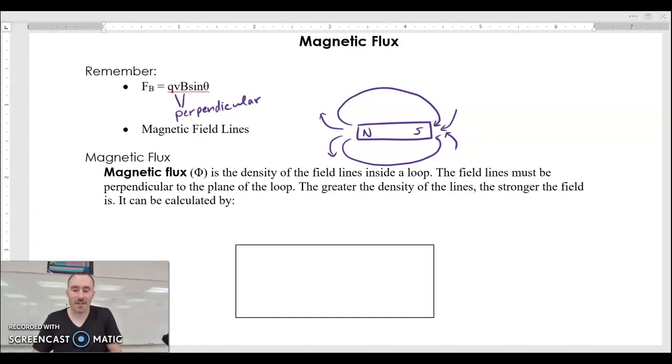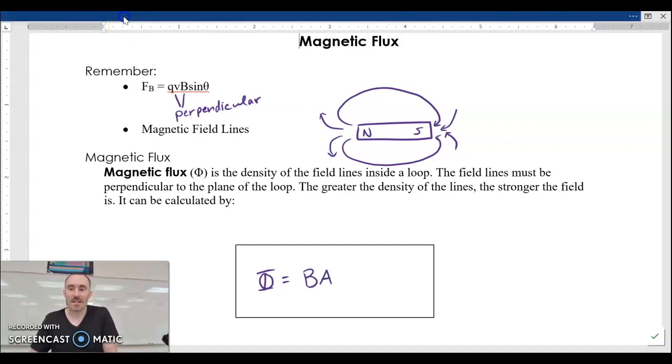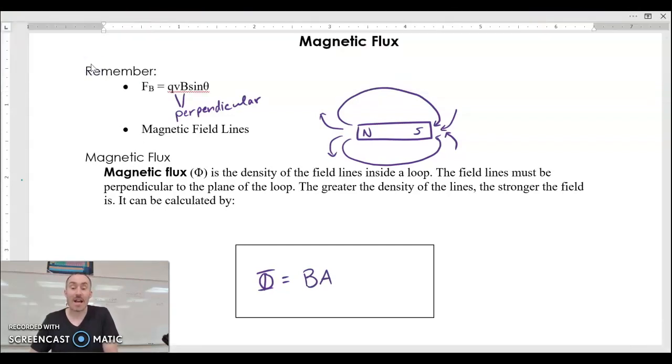And so the magnetic flux depends on these two things: the field strength inside the coil and the area of the coil itself. So here's our formula. Magnetic flux, you can draw this a number of ways. It depends on what font you're using, equals BA, where B is the magnetic field strength and A is the area of the coil.